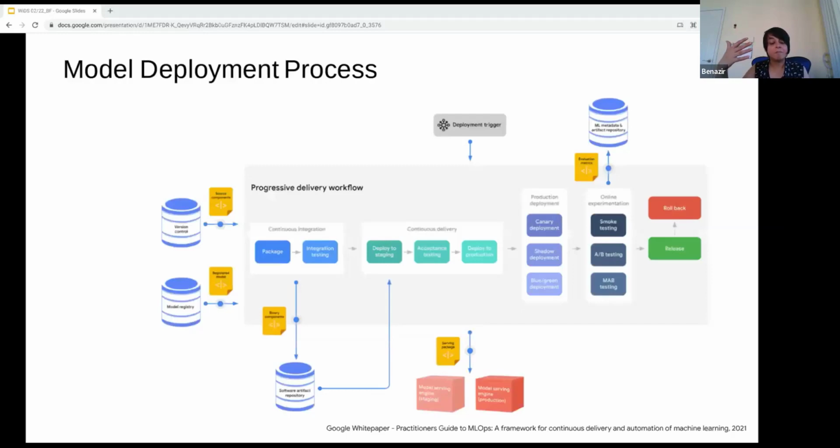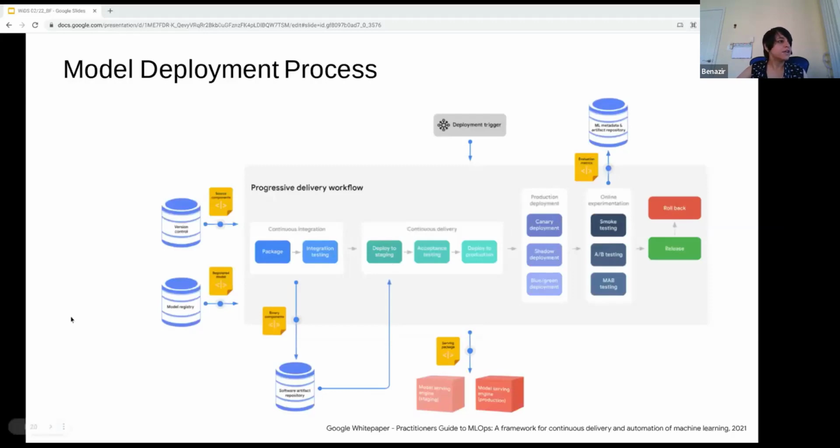You validate the compatibility of the model with target infrastructure. Maybe your model, when it's doing prediction, needs a particular accelerator. Does your target prediction environment have those accelerators available? Latency. You also check whether the model is serving outputs at the latency that is desired by your overall application.